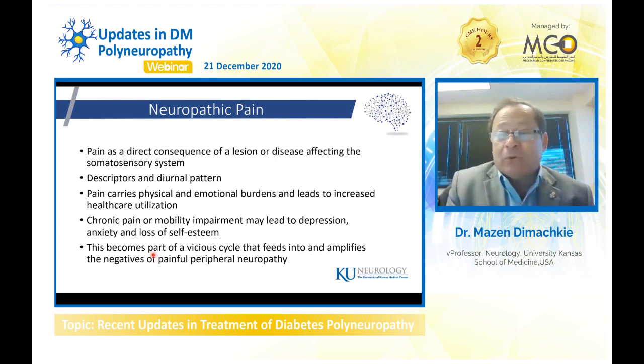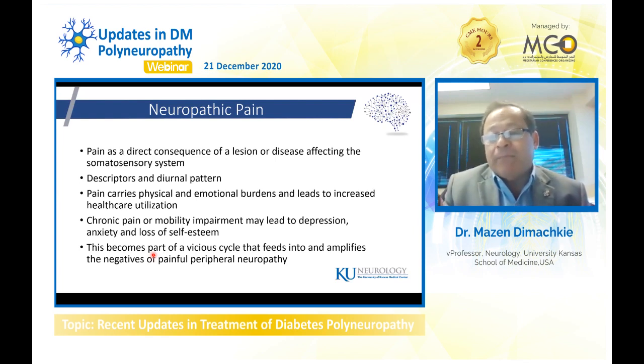Now, the other thing that I want to bring up is that oftentimes, imagine this. You have pain that burns, shoots through your body unpredictably at night, during the daytime. What happens to you emotionally? You're highly likely to be anxious, even depressed.